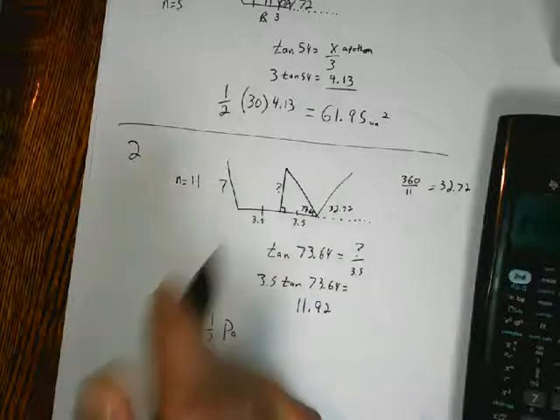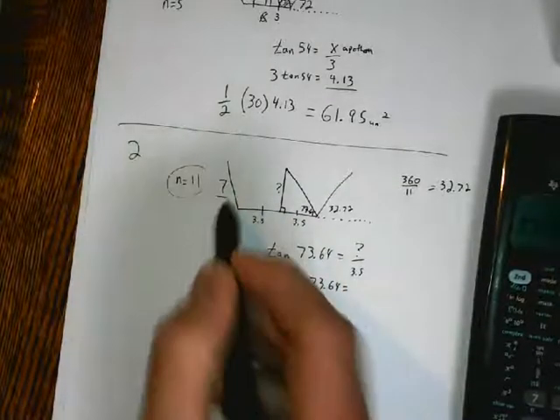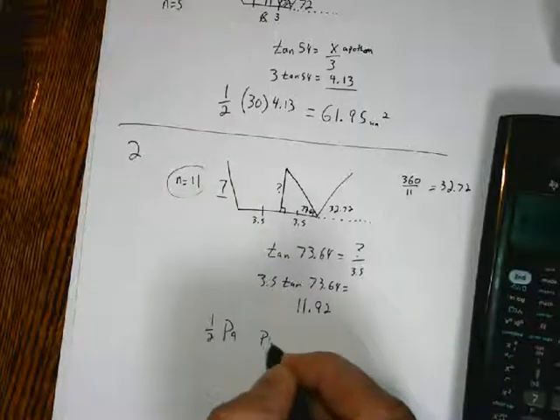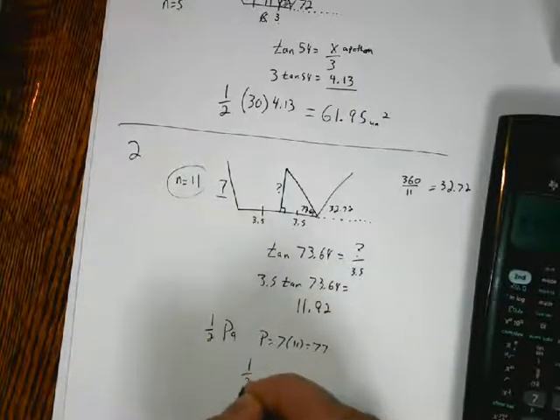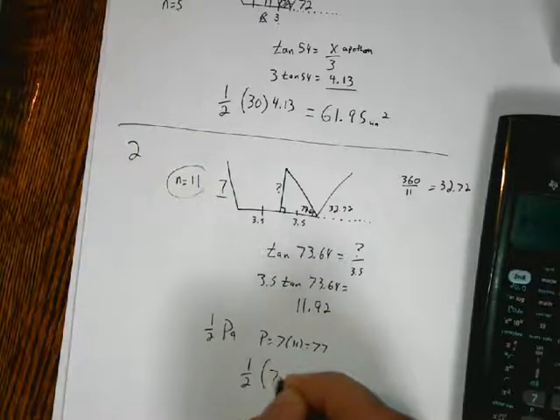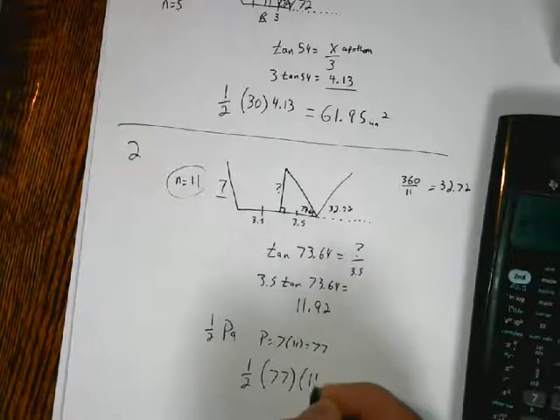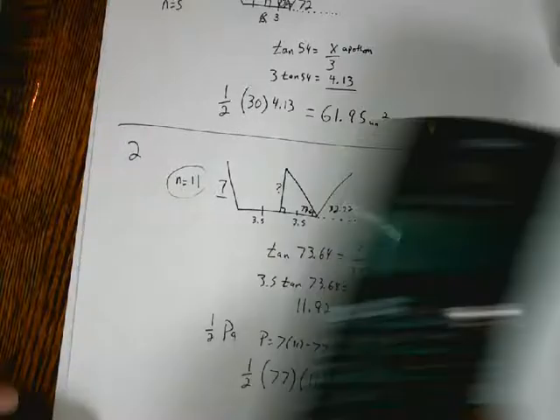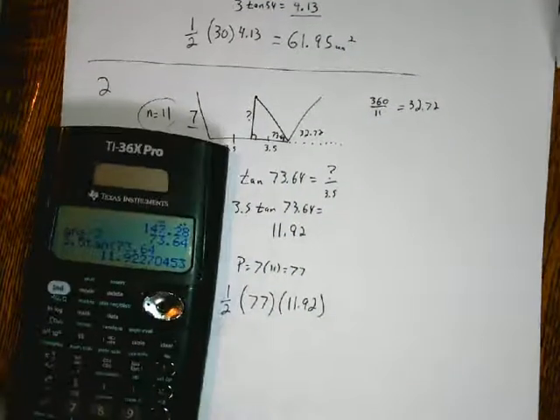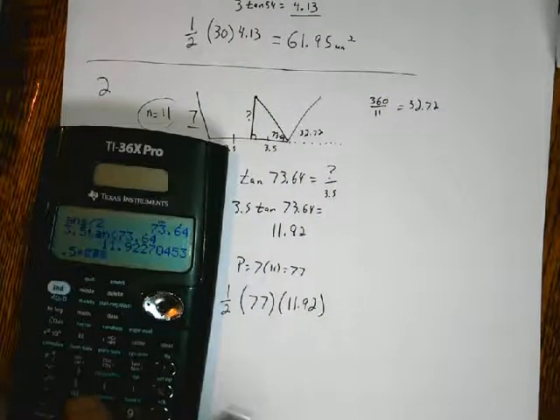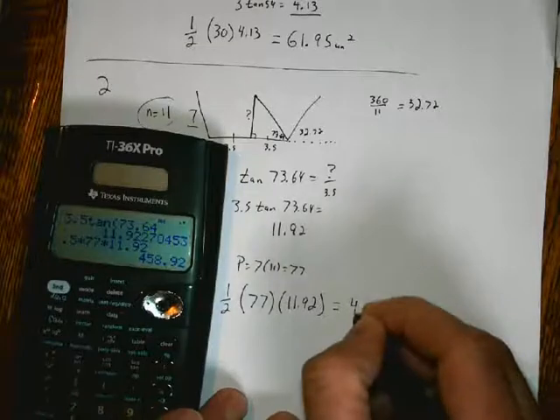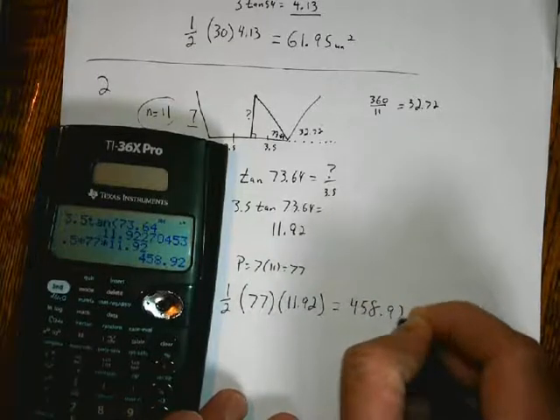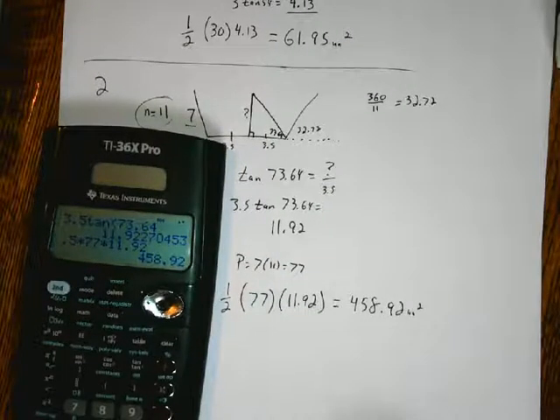Well, we have 11 sides of 7, so that means our perimeter is 7 times 11, which is 77. So we do 1/2 times 77 times 11.92. And we get our area of 458.92 something squared. Okay.